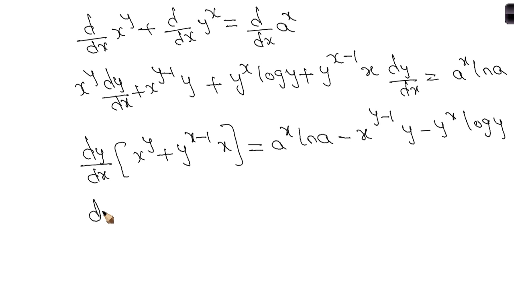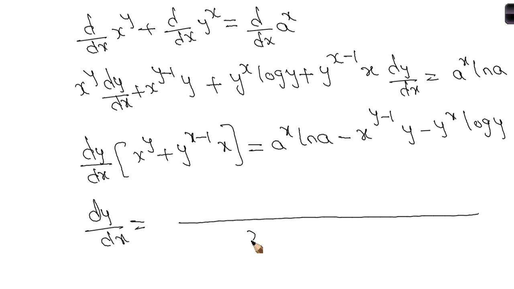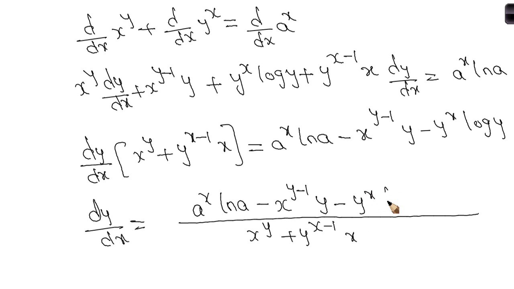Therefore dy by dx is this complete thing upon x power y log x plus y power x minus 1 into x. This is the derivative of the given function x power y plus y power x is equal to a power x. This is the differentiation of the given function.